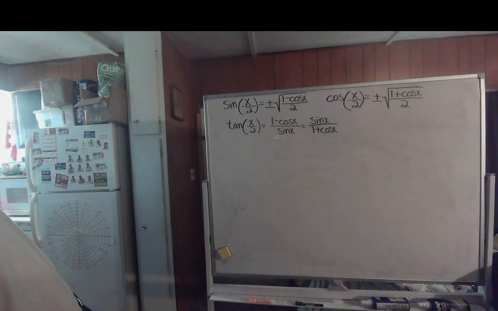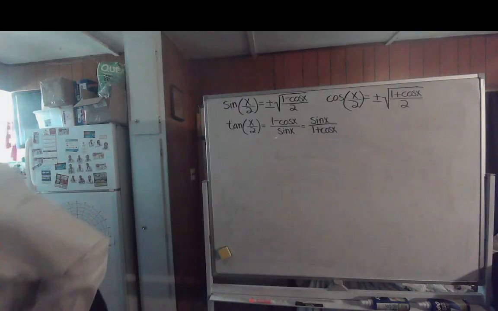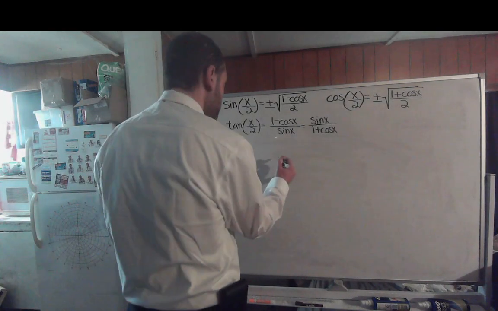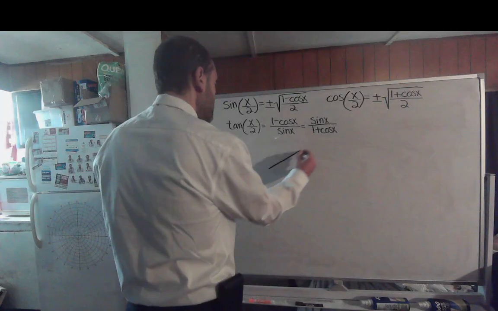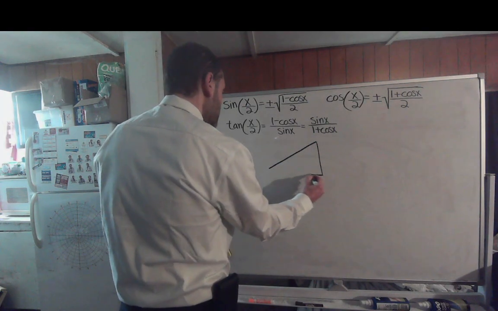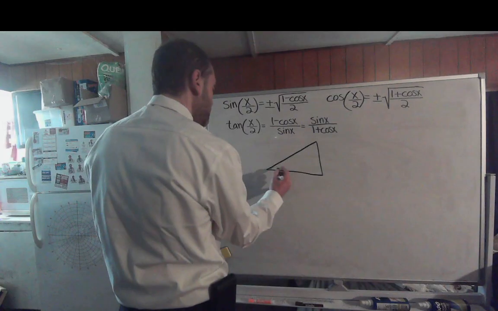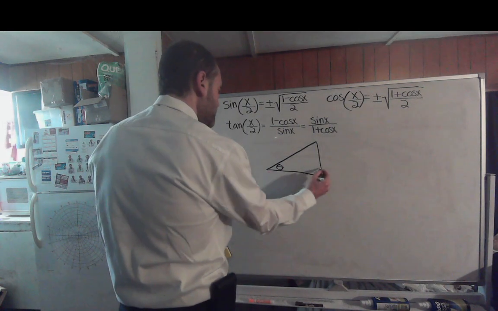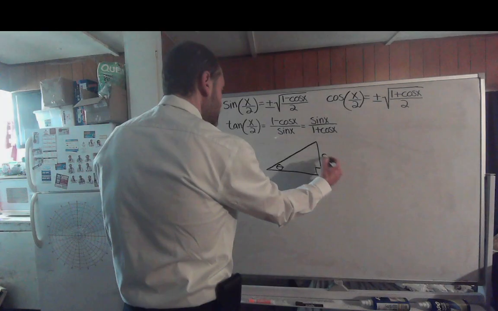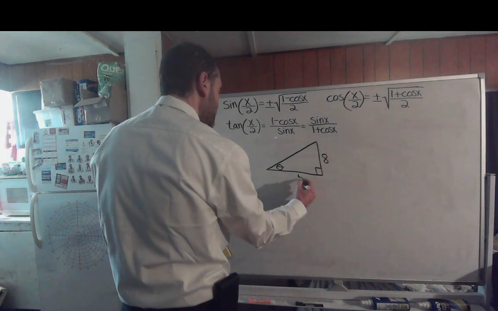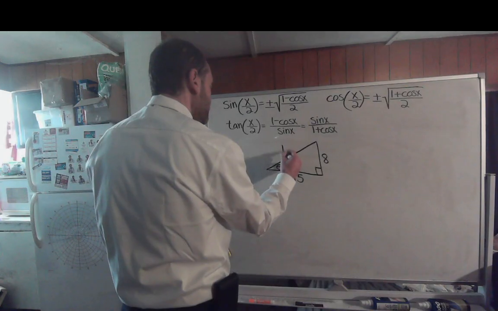Alright, so we're going to have a triangle. Let's deal with this in the first quadrant. So there's angle theta, with sides 8, 15, and then the hypotenuse would be 17.